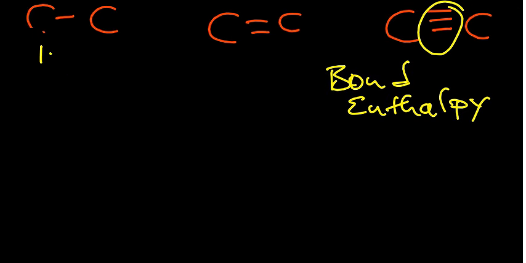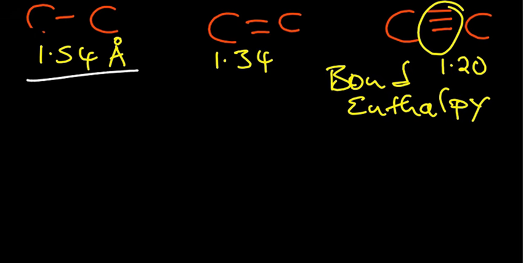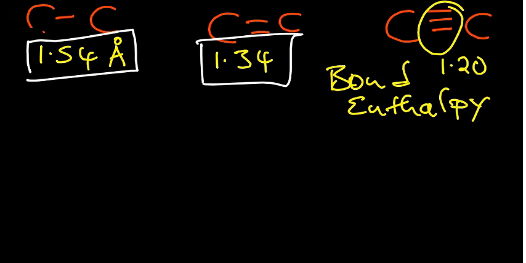Then that is 1.34, and 1.20. All these are in angstrom. So which one is longer? We can see that the single bond is longer, the double bond is not as long, and the triple bond is the shortest.